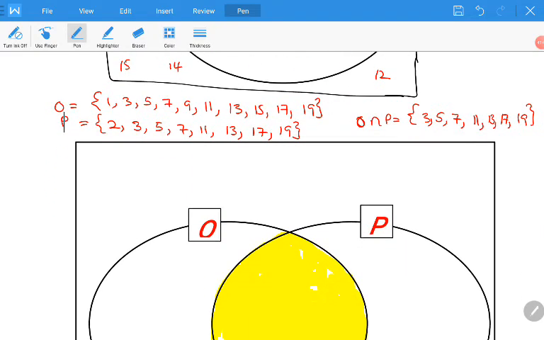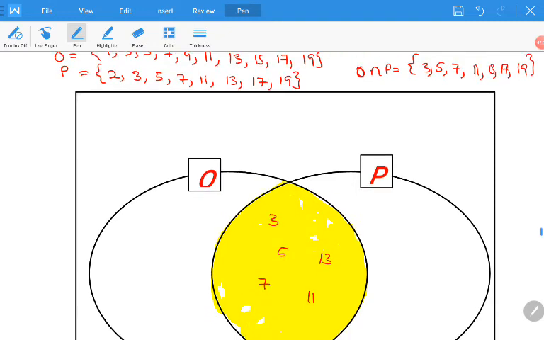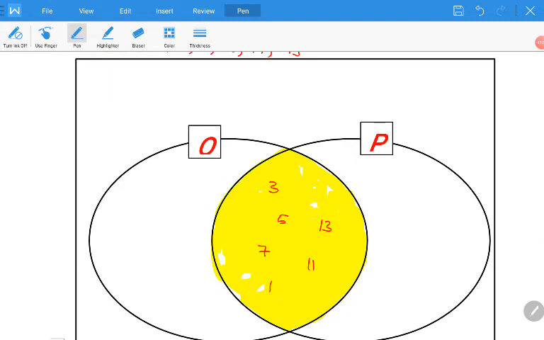So these elements are going to fall into this region: 3, 5, 7, 11, 13, 17, and 19.